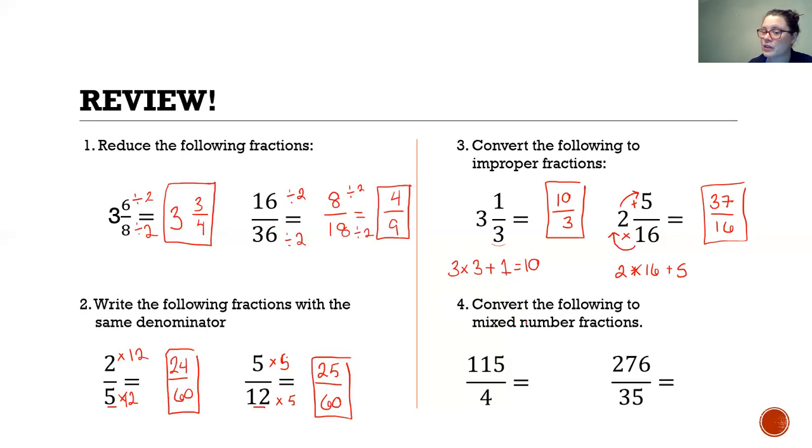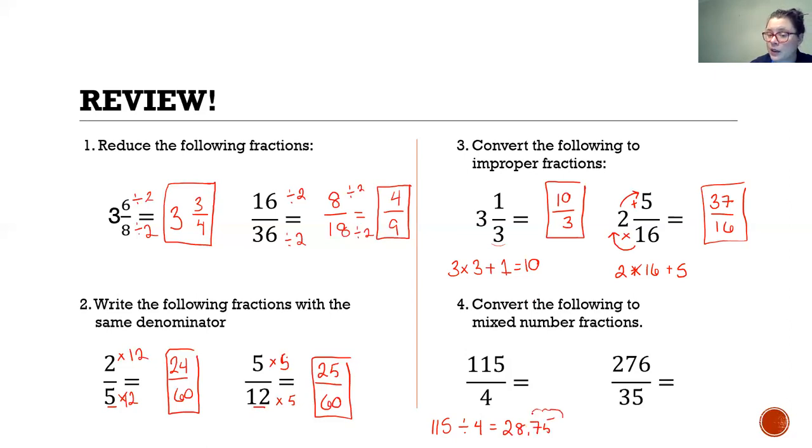Convert the following to mixed number fractions. Now, whenever you have quite large numbers, I would argue rather than doing the long division route, which you could totally do, we're going to do these using the calculator method. So in our calculator, we're going to do 115 divided by 4. So 115 divided by 4 leaves us with 28.75.